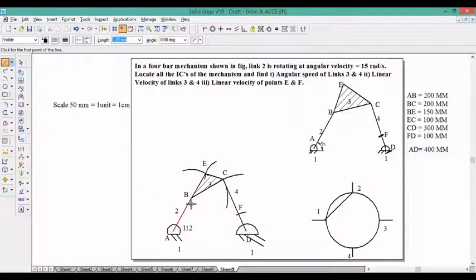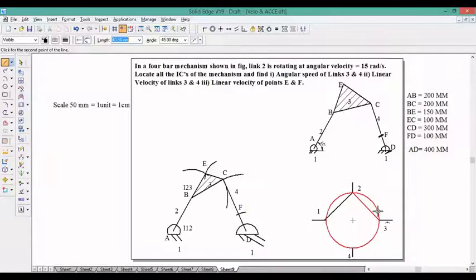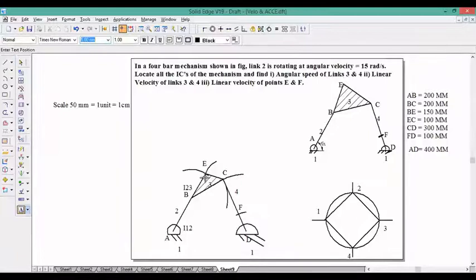Then 2 to 3 is point B, so I23 will be at point B. Take a line, join 2 to 3, it is also a permanent IC. Then 3, 4 and 1, 4 we can easily identify, because I34 is at point C, and I14 will be at point D.